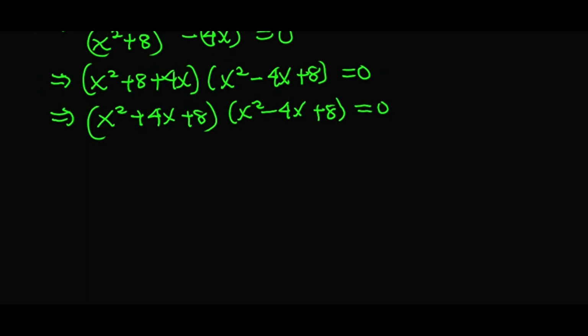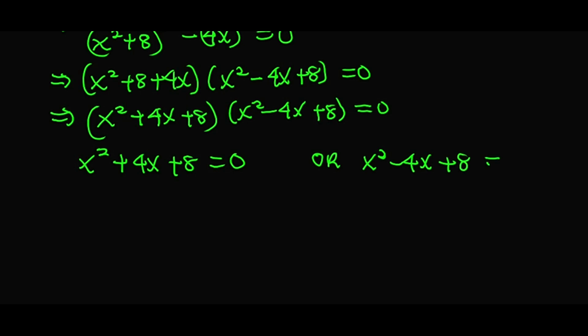So we have two quadratic expressions, the first bracket and the second bracket. So we say either x squared plus 4x plus 8 equals 0, or x squared minus 4x plus 8 equals 0.